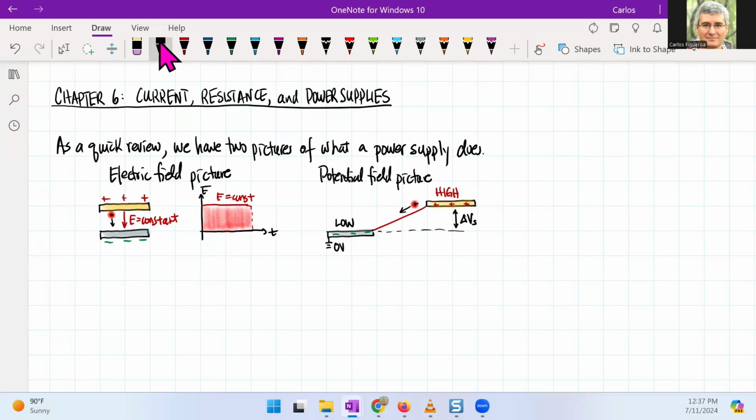The reason we get this picture is that if we plot the potential field as a function of position, we saw that you get the electric field times position.